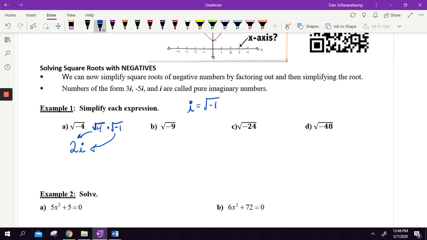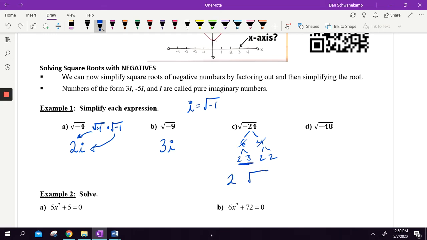Same thing on the next one. If we want to simplify the square root of -9, that is going to be 3i. Square root of -24. Well, that's not a regular whole number here. So I need to break down 24. I could break down 24 into 6 and 4, 6 into 2 and 3, and 4 into 2 and 2. I have a pair of 2's.